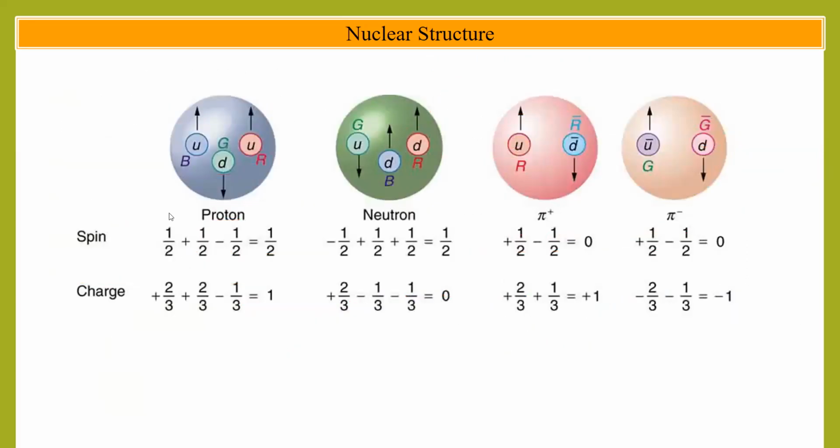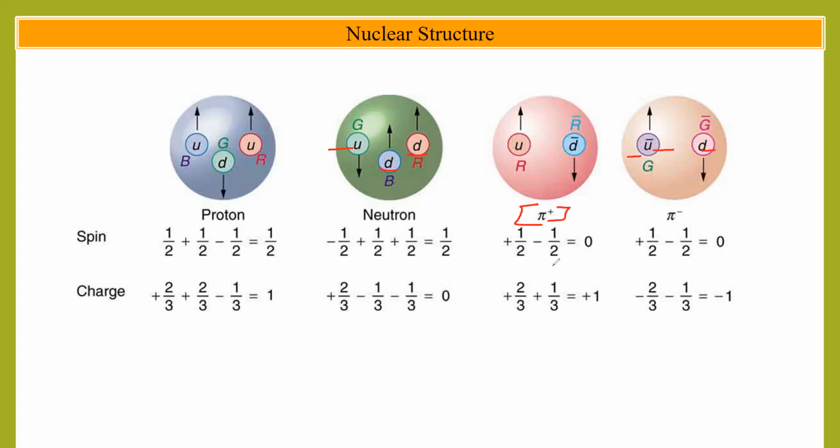Okay, so in this way we can calculate the charge. In case of proton, there are 2 up quarks and 1 down quark. In case of neutron, there are 2 down quarks and 1 up quark. In case of an anti-particle, it has 1 anti-down quark and similarly down quark and 1 up quark.